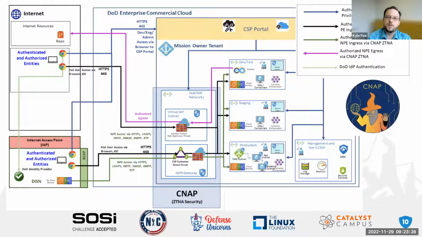So CNAP is a way for us to very much simplify the interaction between where our endpoints are, where the data and development takes place, and where the mission is being executed. This is described in the reference design, and there's actually a separate document that talks about CNAP. So by using this service, it simplifies access into cloud environments.